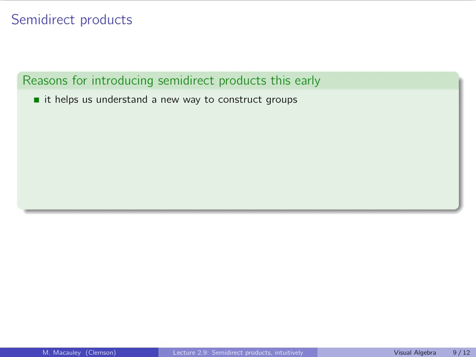I've had several people ask me why I introduced semidirect products this early in my book and in this course, and I have some good reasons for it. First of all, it helps us understand a new way to construct groups, and this chapter is all about examples of groups. It helps us understand the structure of some groups we've already seen, like the dihedral group.